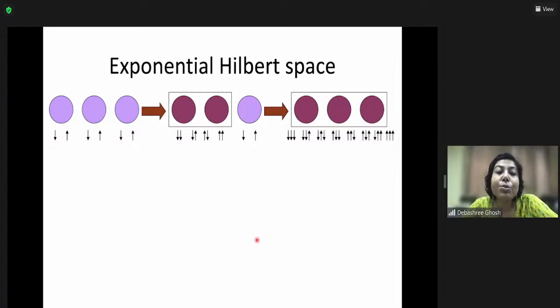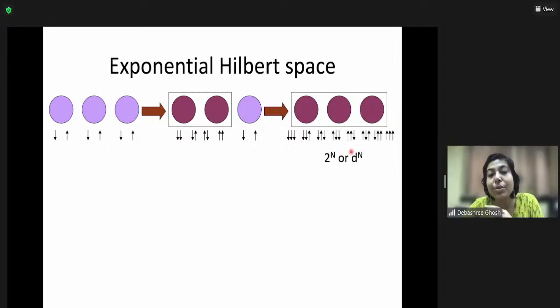Let's take this cartoon example of a spin system. Unlike orbitals, there are just two possibilities: a spin state can either be up spin or down spin. So if there are two sites with spins, there will be 4 possibilities, and if there are 3 such sites, there will be 8 possibilities, which means 2 cubed.